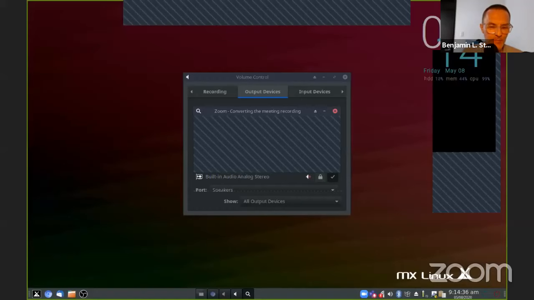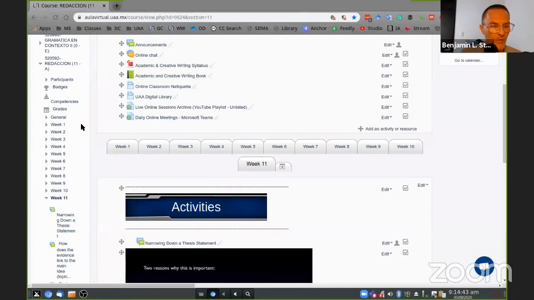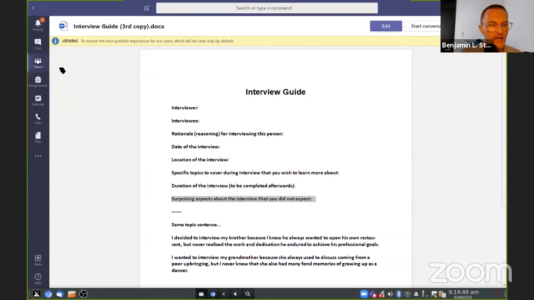There was a question that I posed in Microsoft Teams asking what kind of sentence this is. I provided an example and wanted to encourage you to respond if you haven't already. Let me pull it up here real quick.